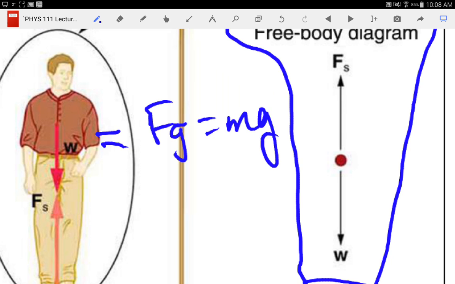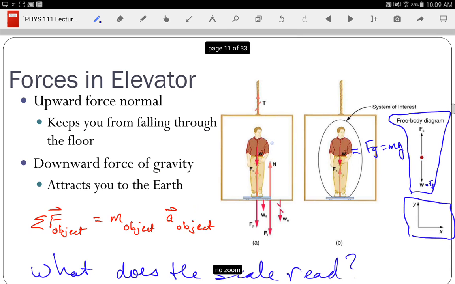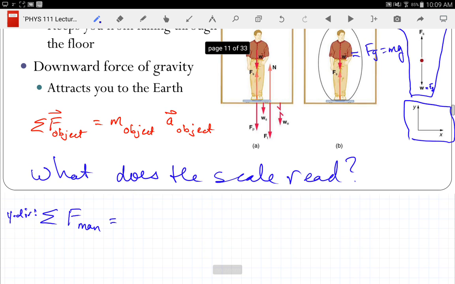Yes. The force from the scale. So this one here is pointing up. It's going to be positive. They call this weight. I far prefer to call it force of gravity. It is pointing down. That's the opposite direction of up, and hence negative. So I'm going to have the force of the scale minus the force of gravity is equal to mass times acceleration.